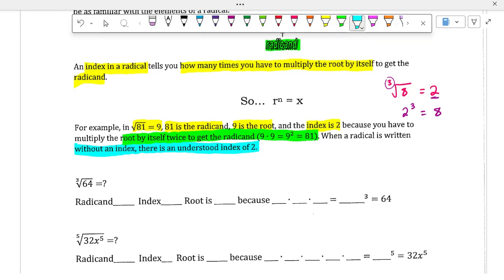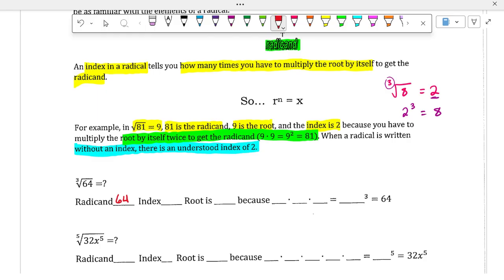All right, so let's try this. That sheet that I gave you has all of the perfect cubes, squares, and fourths for 1 through 10, so it's going to be a good reference for those numbers. So, the cube root of 64. What's the radicand? 64. It's the number under the radical.